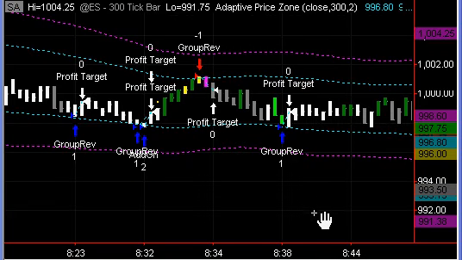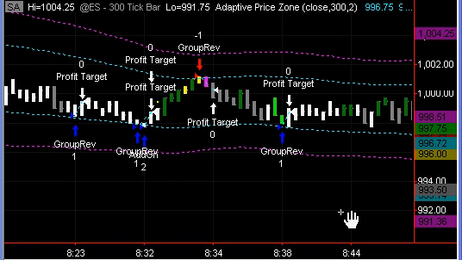The Scalpers Dream program allows us to set up a very specific profit target of a certain number of ticks, and of course that is entirely up to the trader as to how he wants to set that up. But here in this particular demonstration we're using just a very small profit target that makes use of our group reversal system as well as an adaptive price zone.